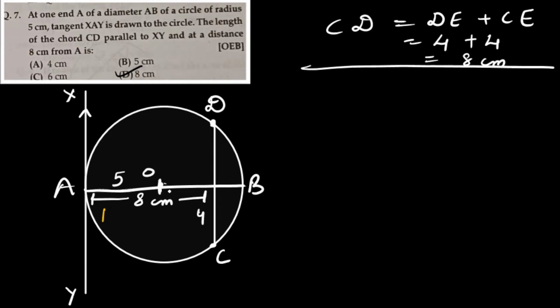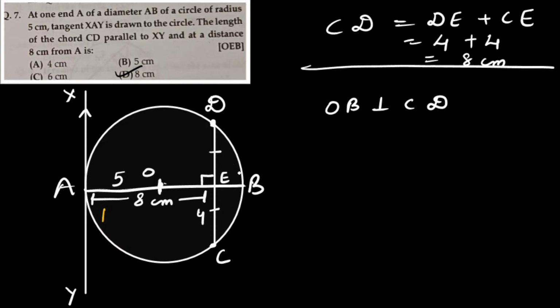So how will we do it? First of all, remember because it's the diameter, OB is perpendicular to CD. That means it will bisect the chord. If it is bisecting here, I am writing the point E. This part of the chord is equal to this.